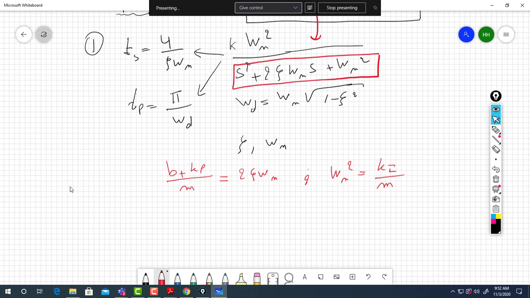Zeta and omega n I found from my design requirement. From them I found zeta and omega n. So now I have omega n, m is given, so I can find my ki. I have zeta and omega n, b and m given, I can find my kp.